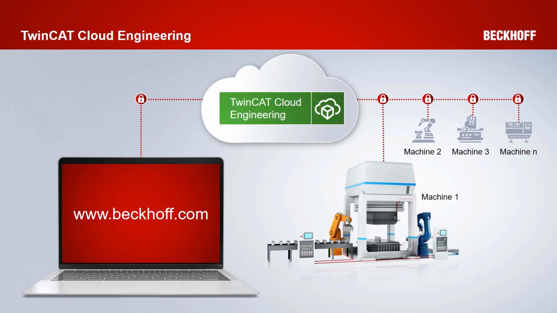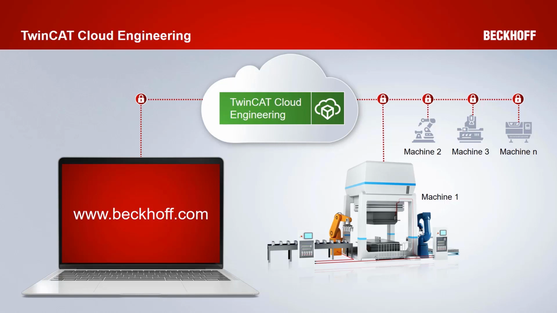TwinCAT Cloud Engineering is basically the functionality that we offer customers so that they can log into a website, and then they have a graphical overview of all the different TwinCAT instances, which is like a virtual machine instance where TwinCAT is pre-installed.